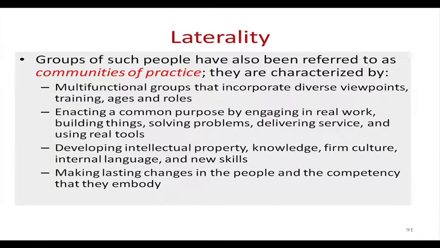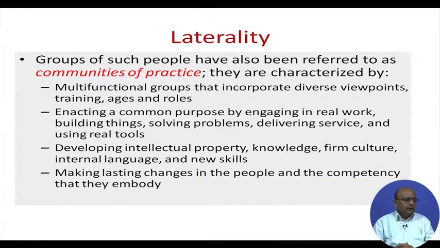And that is why when you are going to form a knowledge management team, one of the important things you need to look at is to go for a cross functional team which is really experts in their domain, not necessarily in the domain of technology, so that they can think creatively, they can pool their knowledge resources from different functional areas which can be used by each other, and that is why laterality as such is very, very important, right.